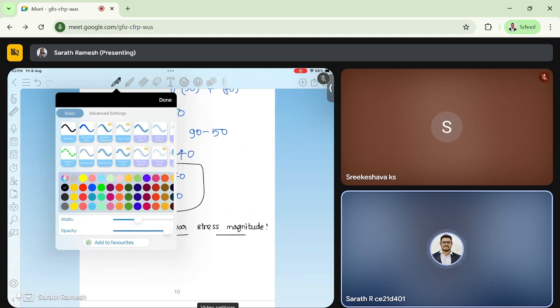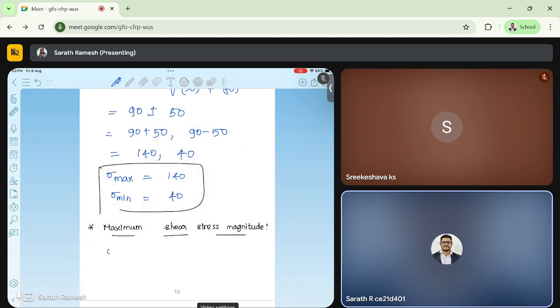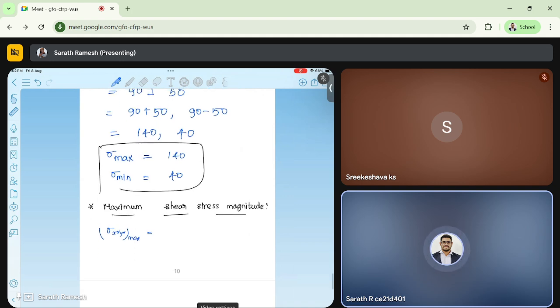The formula was sigma x star y star max. In terms of sigma xx and sigma yy, this formula is there, but in terms of principal stresses, we have a simple formula. First, we'll do this: ((sigma xx minus sigma yy) by 2) whole square plus sigma xy whole square.